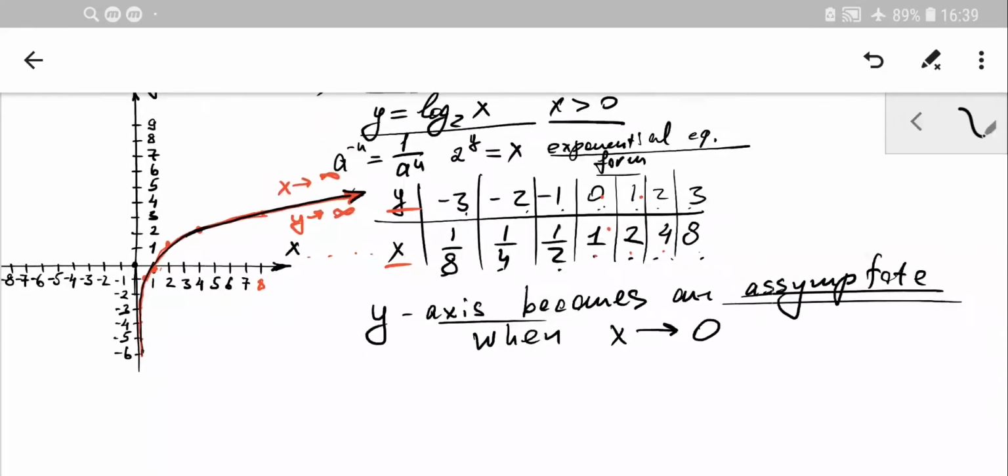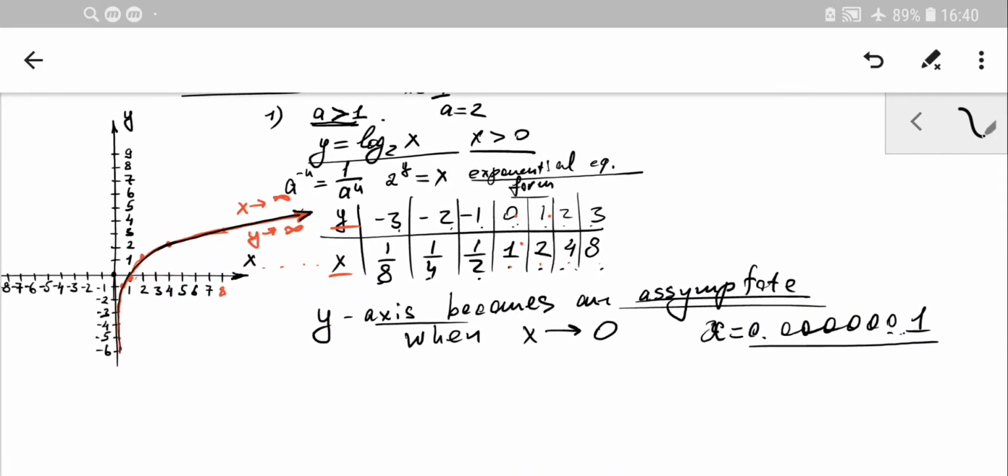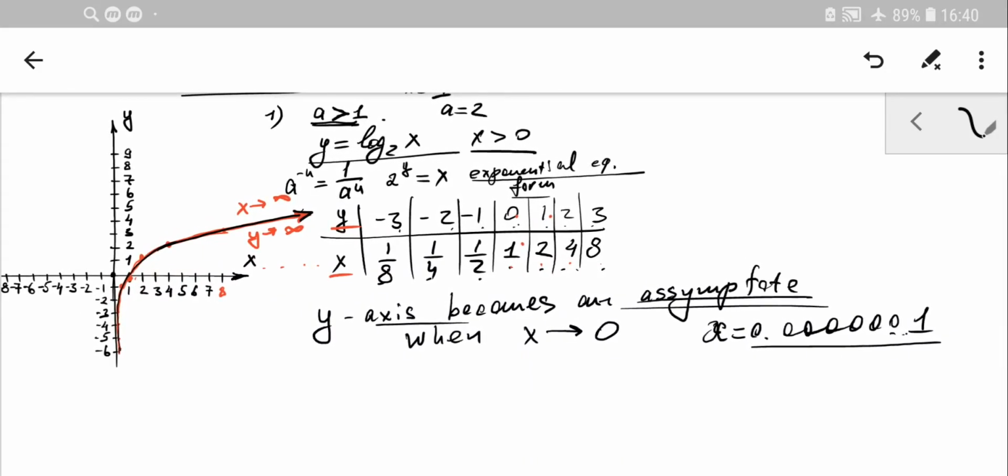So basically, if the numbers for x are very close to 0, let's say x might be 0.000 with many zeros, millions of them, and somewhere at the end a 1, this number is very close to 0, and hence your graph tends to the y-axis. However, it's still a rising graph, and that's why for the domain, the x-axis, it's anything but non-positive.